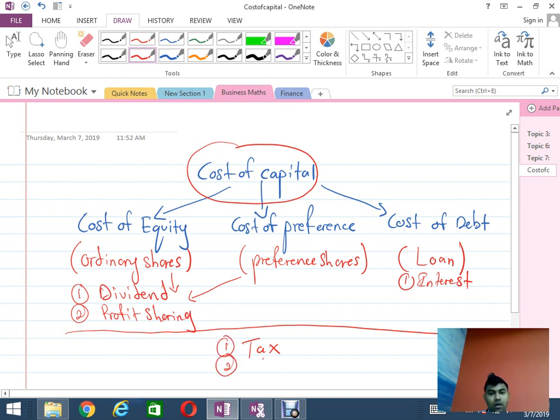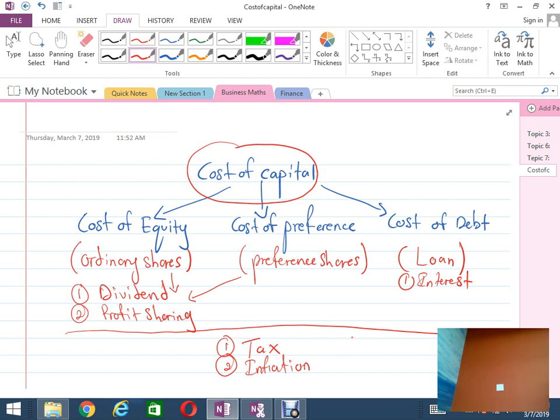Number two, we also must include inflation. Don't forget, very important. Why is inflation a cost? What I told you, it will reduce the value of the money. So you invest today, but it won't be the same value after 5 years, correct?